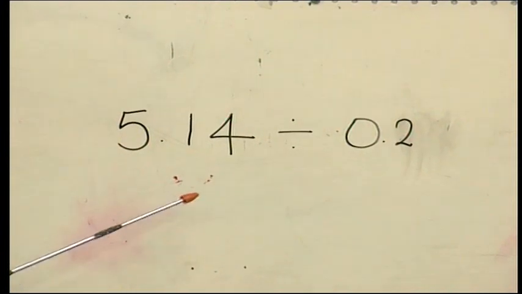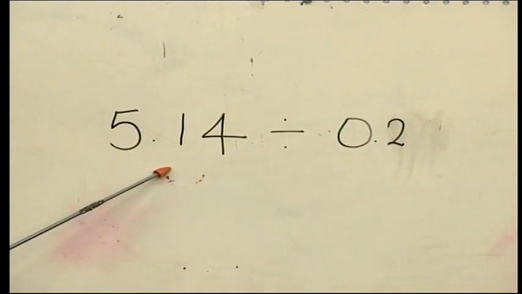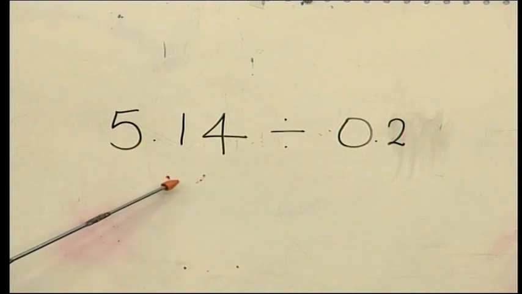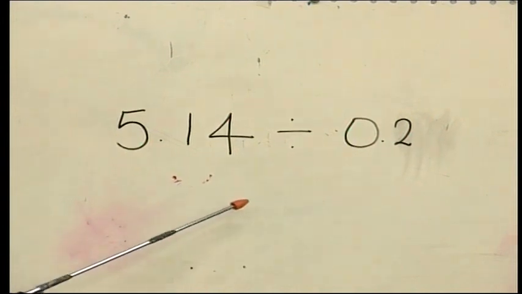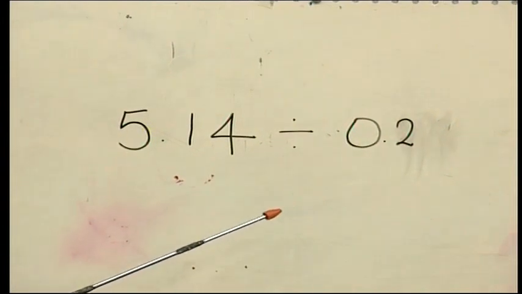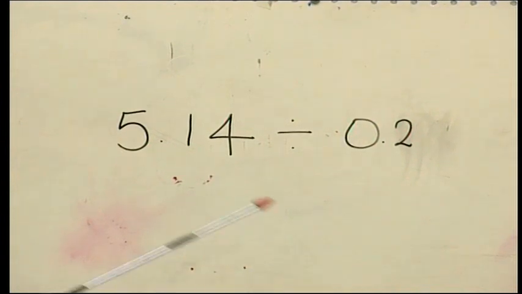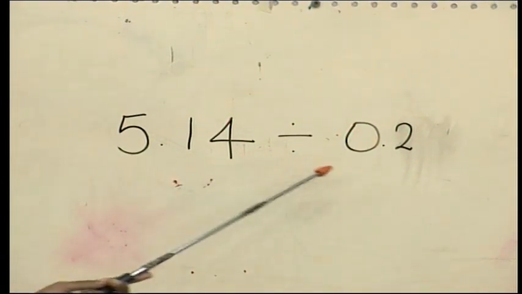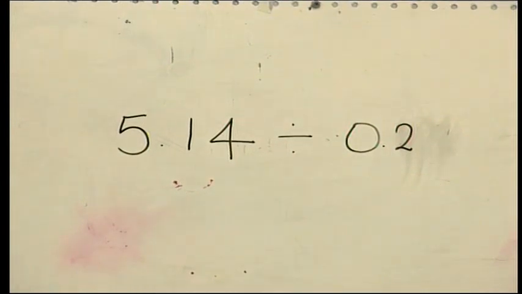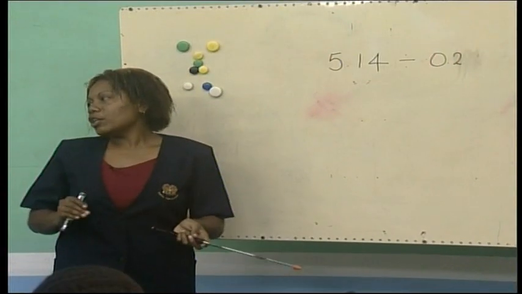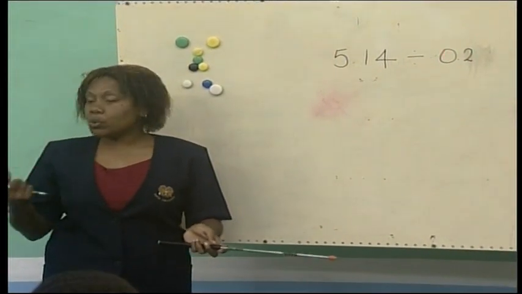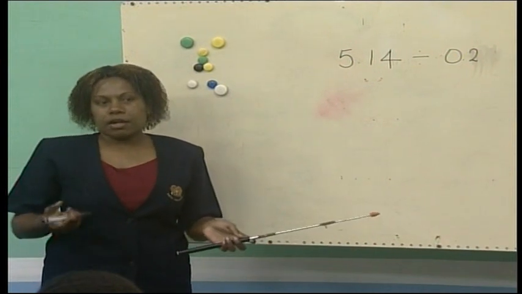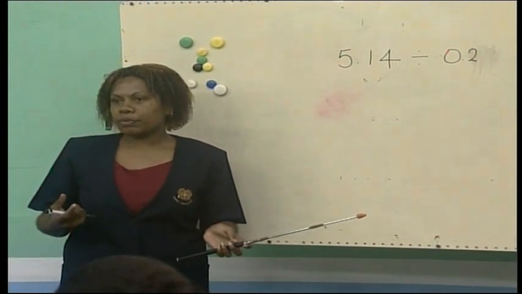So how many decimals do I have here? How many decimal numbers do I have? 1 or 2? There are 2 decimal numbers, 5.14 and 0.2. So remember the rule, when you are dividing 2 decimal numbers, what are you going to do?